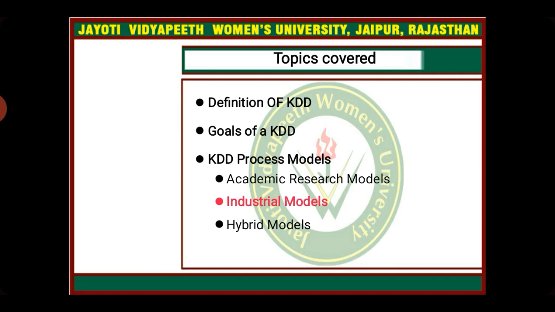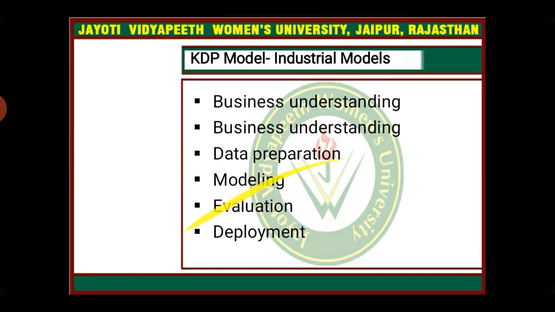Two representative industrial models are the five-step model, which is given by Cabena et al., with support from IBM, and the industrial six-step CRISP-DM model, which was developed by a large consortium of European companies. The latter has become the leading industrial model and is described in detail next.